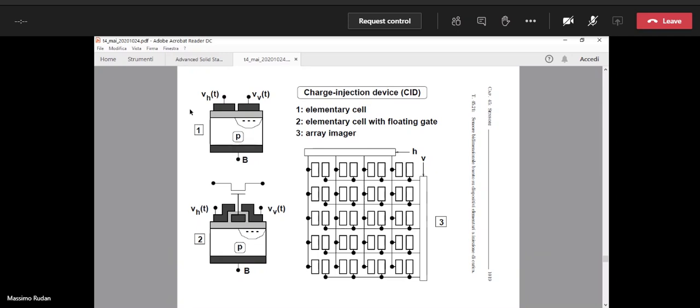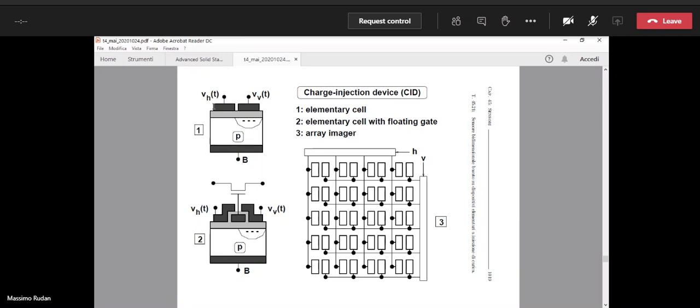So in part one of the figure, we examine the individual pixel of a charge injection device. This is different. The principle is similar to that of the CCD, but the final operation is different.